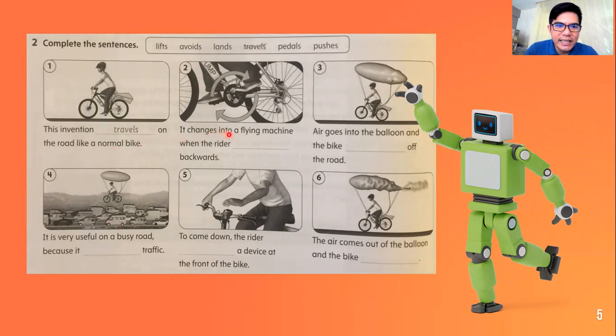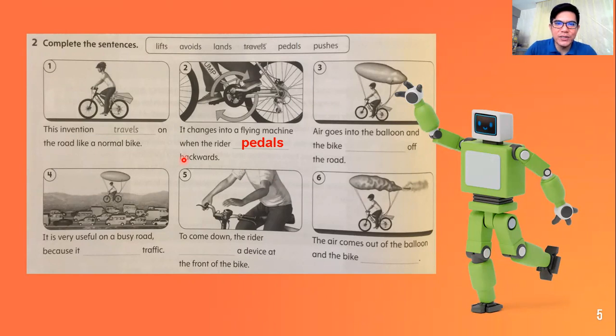It changes into a flying machine when the rider blank backwards. What's your answer? 3, 2, 1. The correct answer is pedals. It changes into a flying machine when the rider pedals backwards.